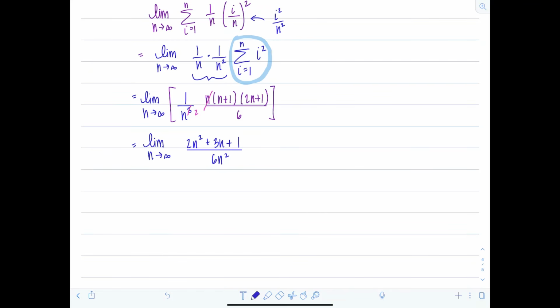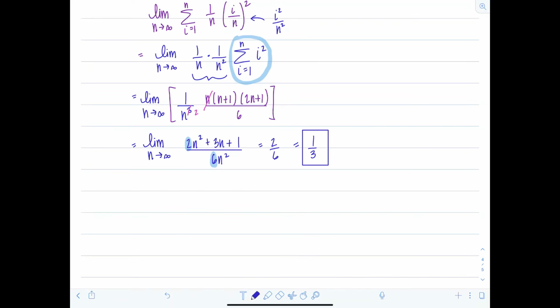And then if I take this limit as n goes to infinity, since the degree of the numerator is equal to the degree of the denominator, the limit's just going to be the ratio of the leading coefficients, 2 divided by 6. So this limit is 1/3.